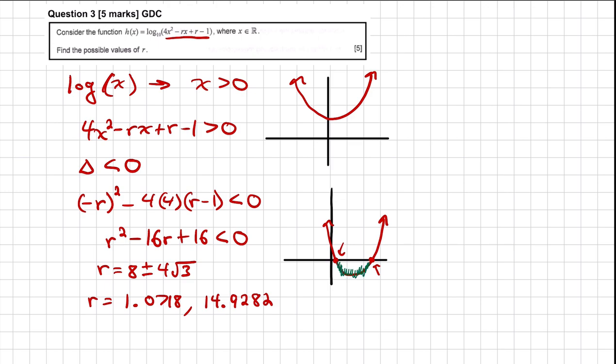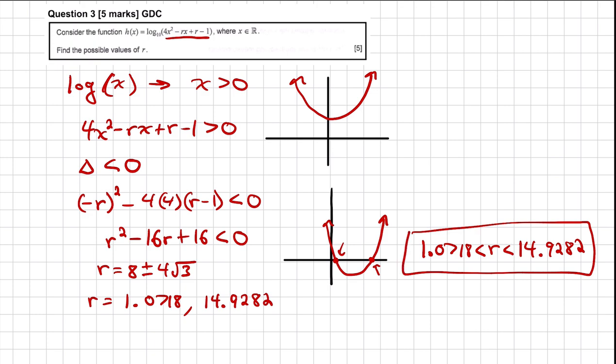Really I want the values in between the two x-axis intercepts that I found. What that's going to look like as an inequality would be 1.0718 is less than r is less than 14.9282, and that would be our final answer.